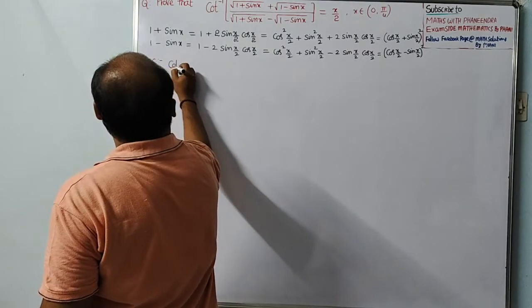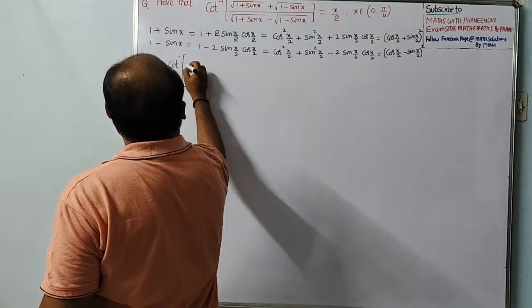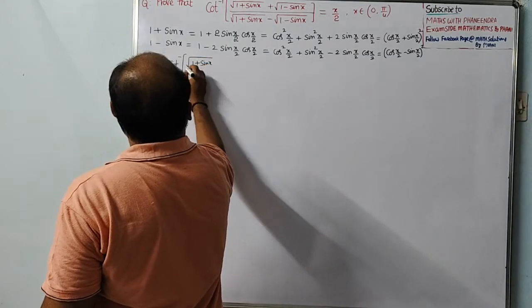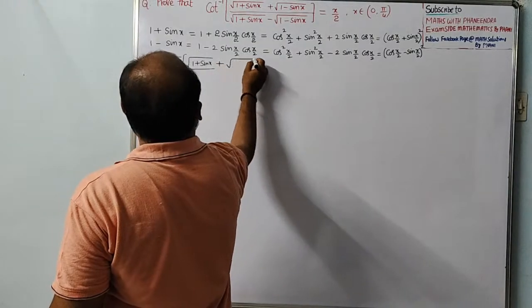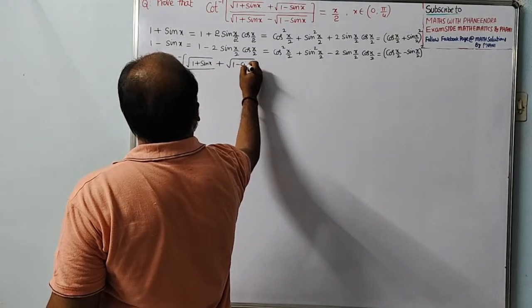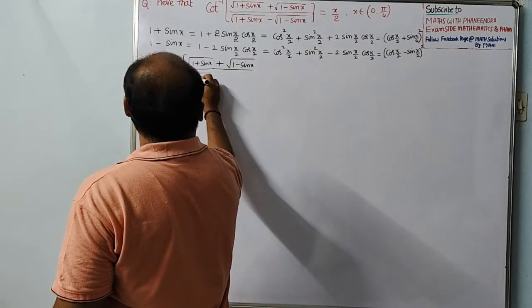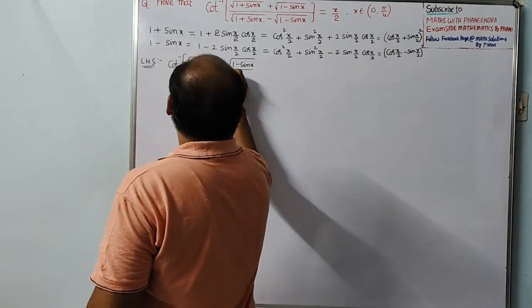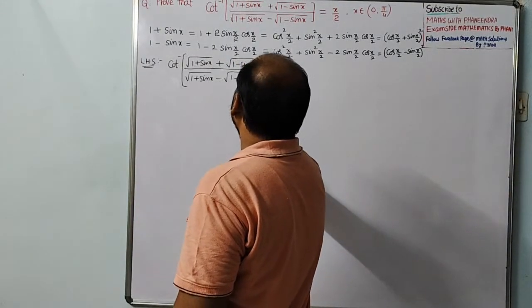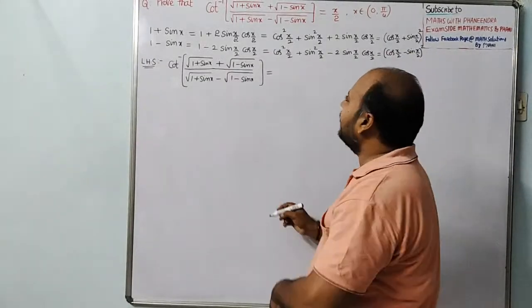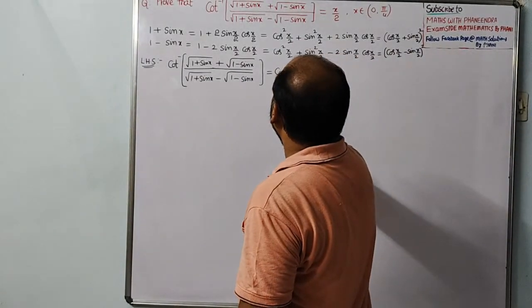So the LHS now is cot inverse of (root 1 plus sin x plus root 1 minus sin x) divided by (root 1 plus sin x minus root 1 minus sin x). This LHS value we are going to convert in terms of cot terms.